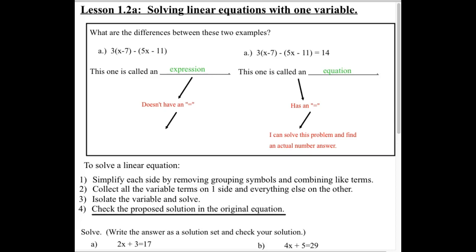Can we solve it? We can simplify it, right? We can combine like terms, simplify it down, but we cannot solve it. A common mistake is that students want to insert an equals 0 on the end of things. If it's not given to you as an equation, you can't solve it. The most we can do is simplify them. So our focus today is on solving those equations.